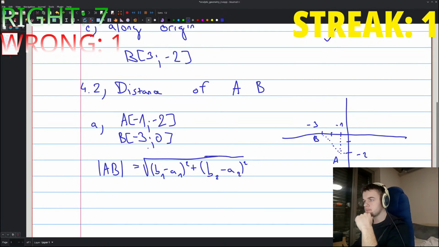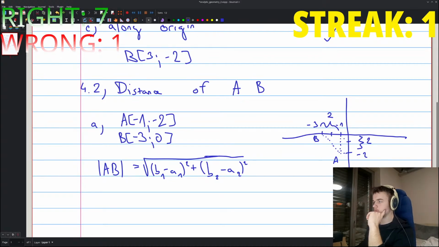So we do B1 minus A1, so -3 plus 1, that's the length of this, it's 2. And then we do B2 minus A2, once again the length of this, also 2. Then we have the 2 sides, and we calculate the third by the classic c squared is a squared plus b squared, or c is equal to this.